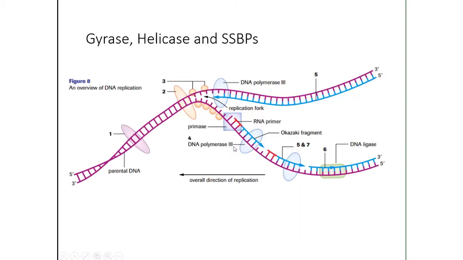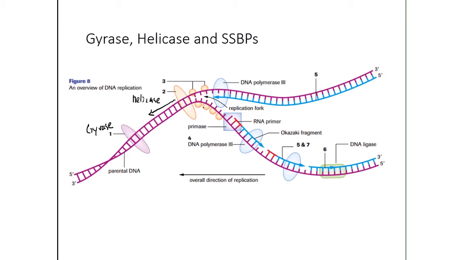So here you can see this is one side of the replication bubble, and we actually call this the replication fork. And you have the number 2 here. That is actually the helicase, which is responsible for unwinding the DNA, and downstream from the bubble, you have the number 1 here. That's the gyrase that will be relieving the tension as the helicase unzips more of the DNA.